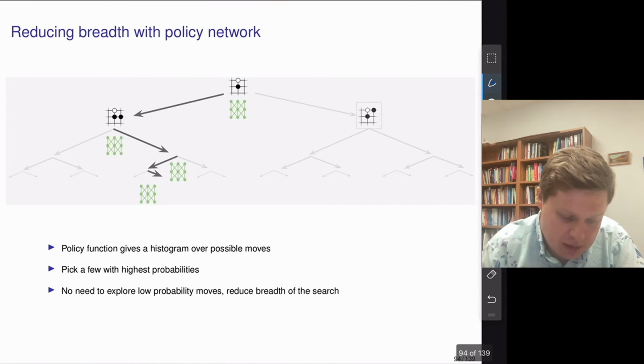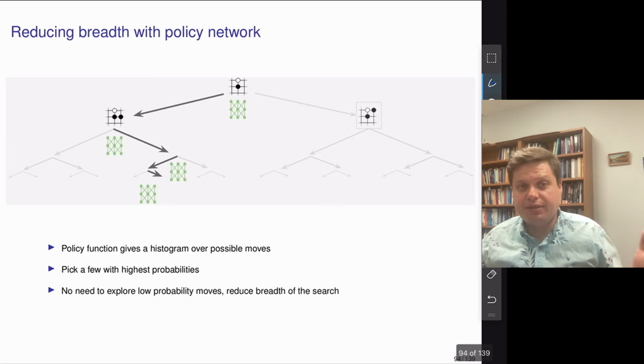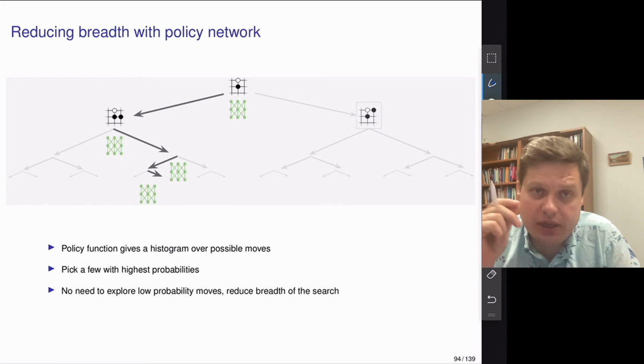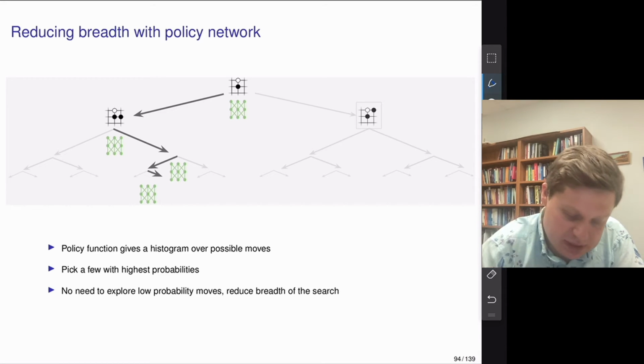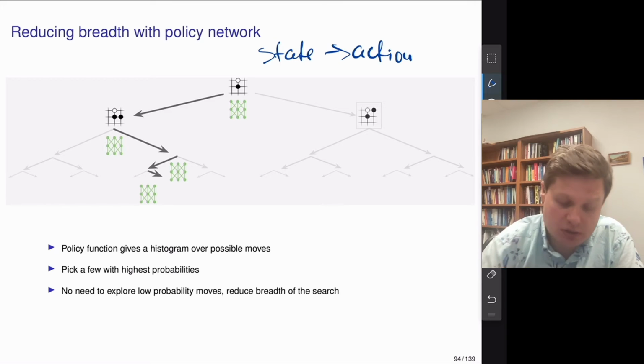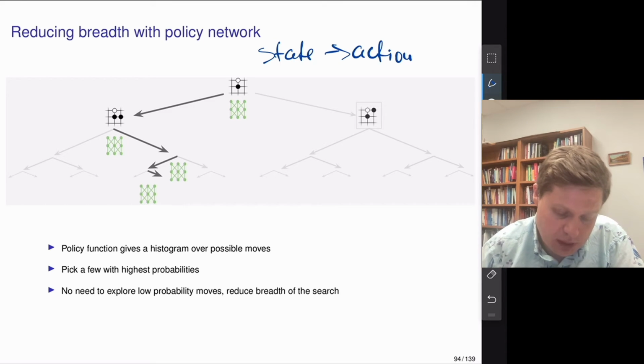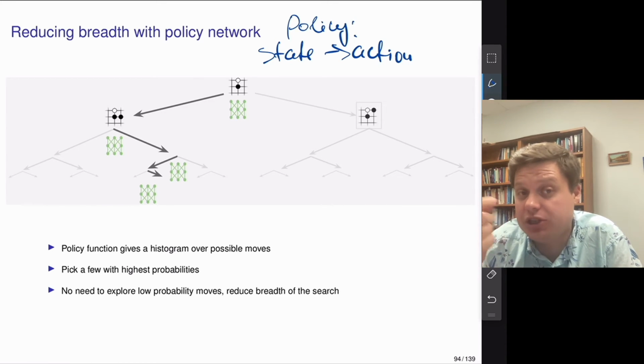But also you can reduce the breadth using the policy network. You remember the policy network maps state to action. And in this case, action is which piece to move and where to move. And this policy network basically suggests potentially good moves.